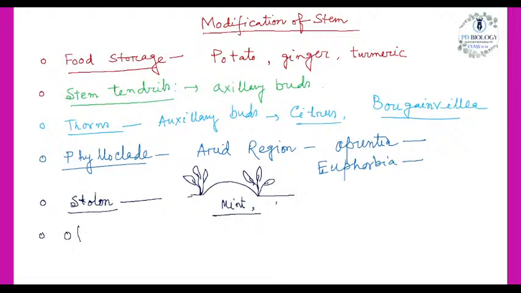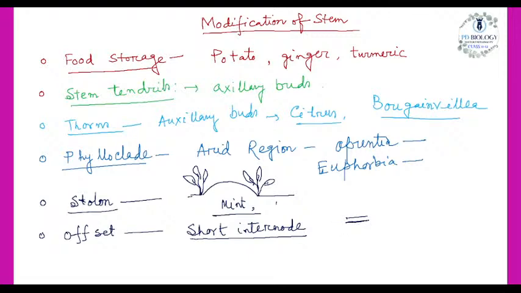Next one, offset. Offset is a lateral branch with short internode. Very important, short internode. Note this kind of wording for your MCQ. A lateral branch with short internode, each node bearing a rosette of leaves and a tuft of roots.